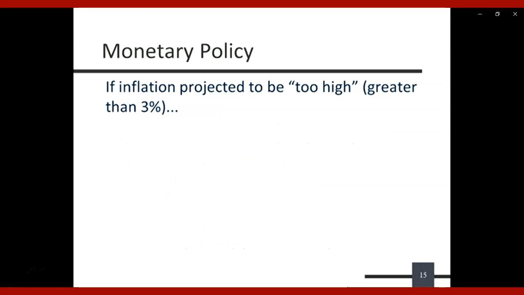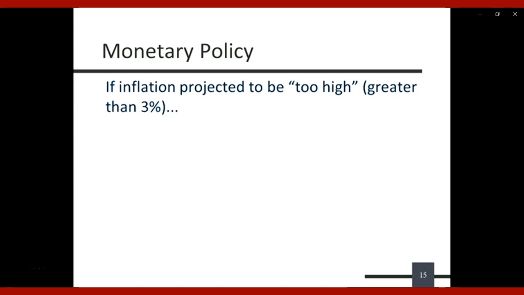So why does the Reserve Bank want to manipulate the short-term money market in order to manipulate the banks, in order to manipulate the interest rates the banks charge? Because interest rates affect the macroeconomy. If the Reserve Bank looks into its crystal ball and sees that inflation looks like it's starting to get too high, what does too high mean?